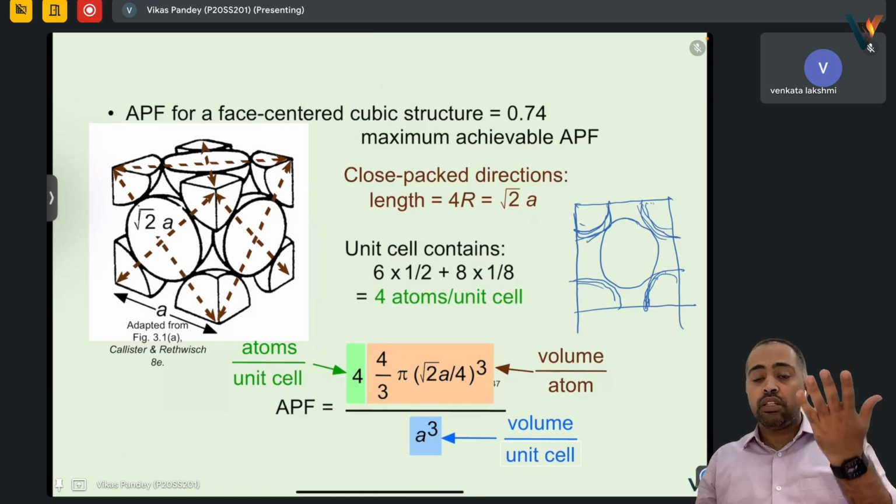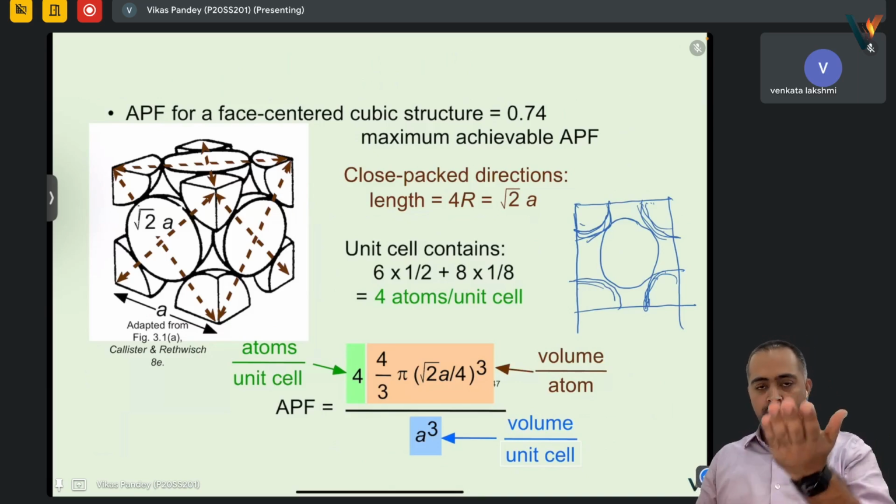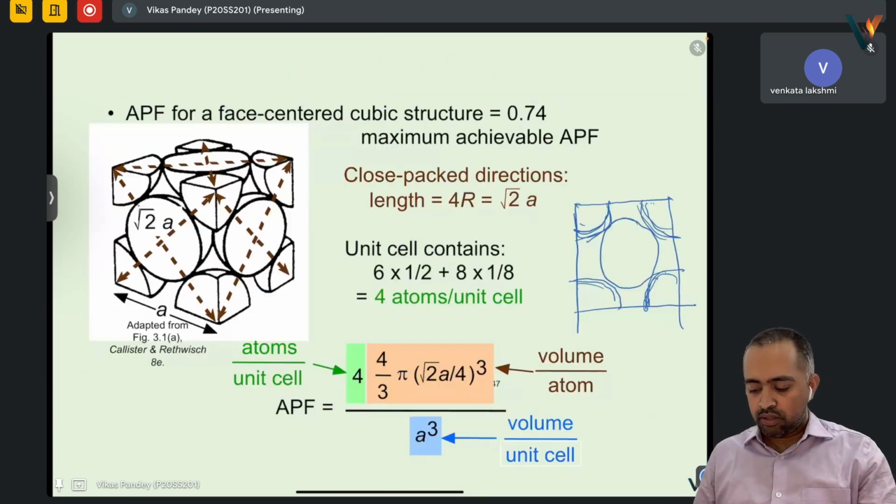But when we see the 1 1 1 plane, it is a bit complex to draw.